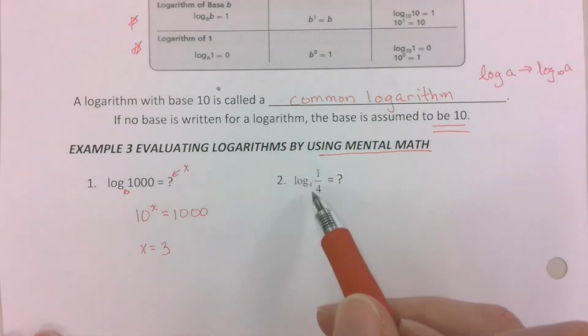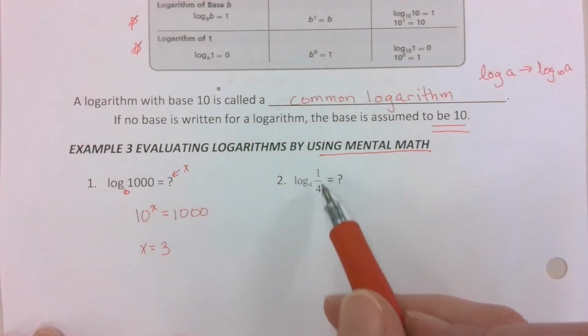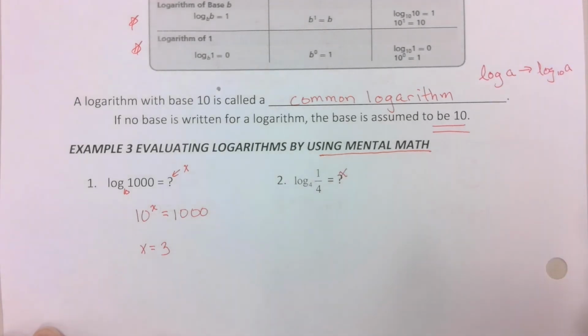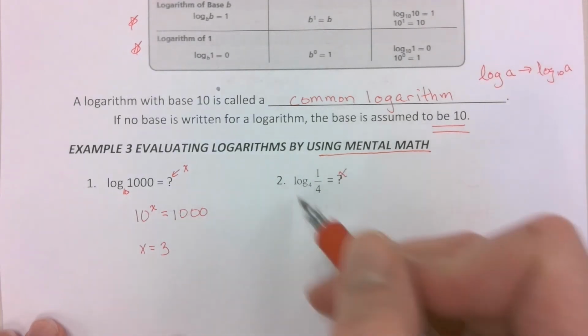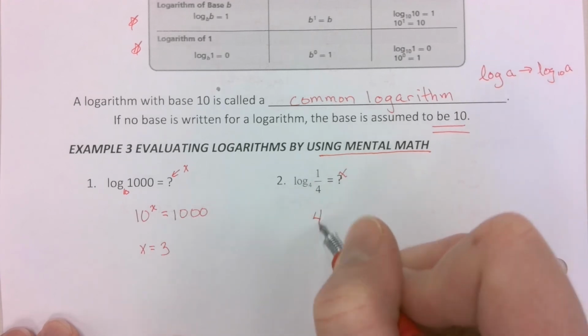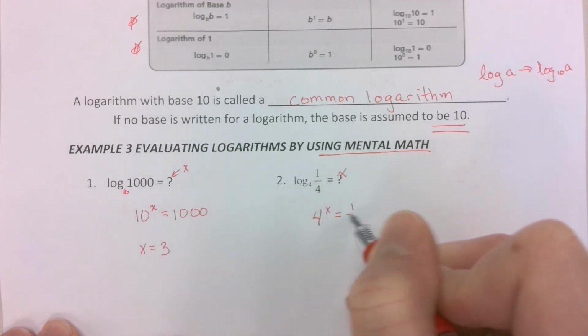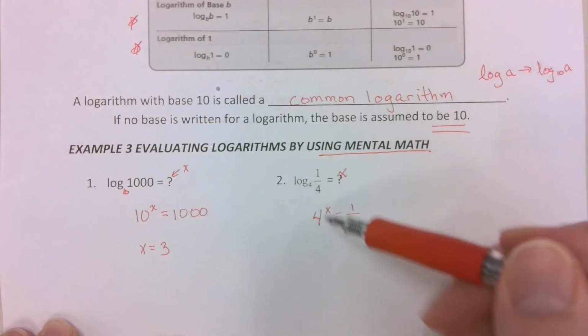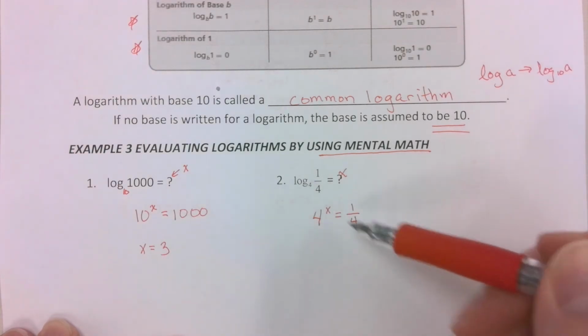Looking at this one, I don't have base 10, so having it in log form does not help me. Again, I'm going to replace that question mark with an X, or whatever variable you choose. I'm going to take it out of log form. So this log is equal to my exponent. That means 4 to some power equals 1/4. Okay, so here's what I'm seeing. I'm supposed to use mental math to do this. I see my 4, but notice it moved down.